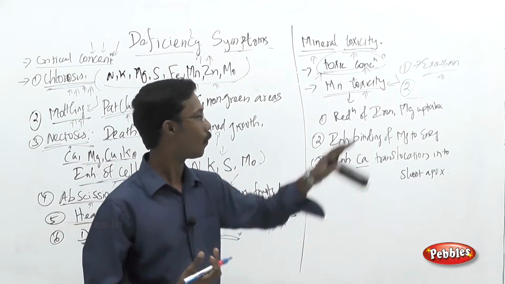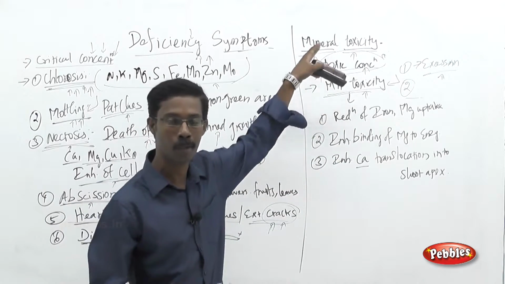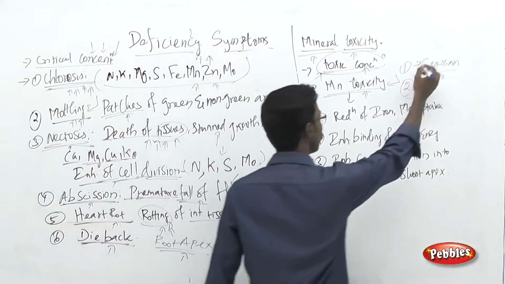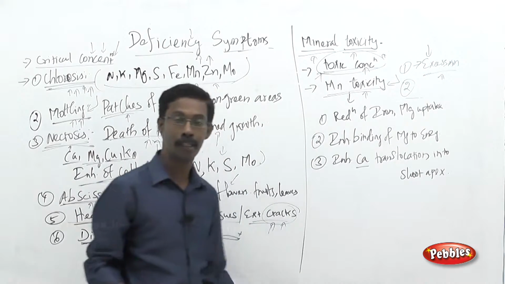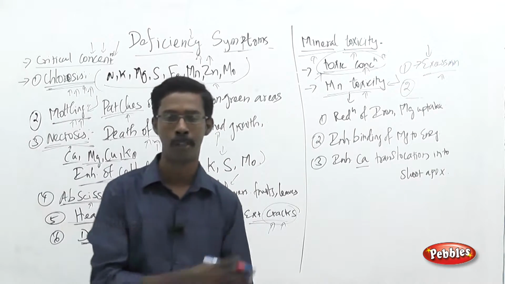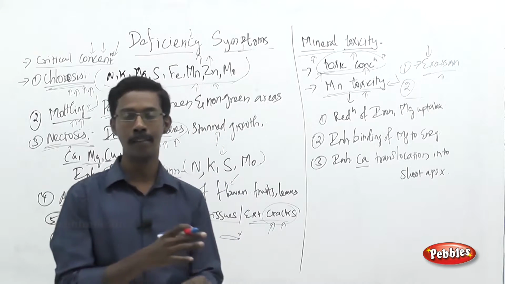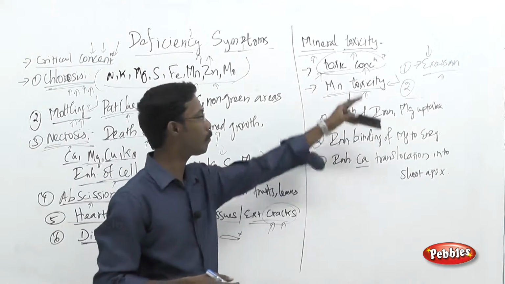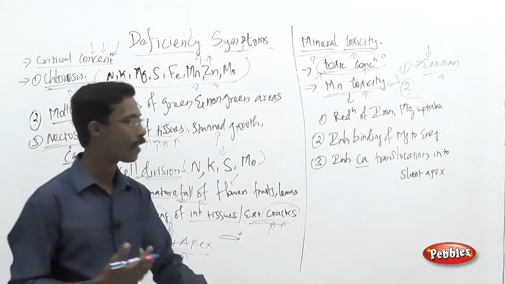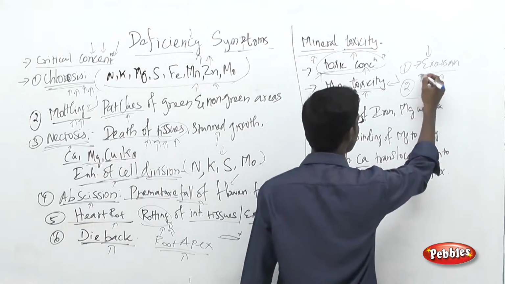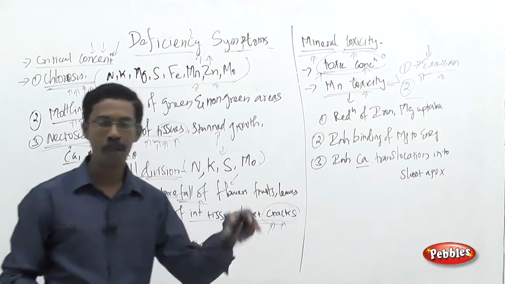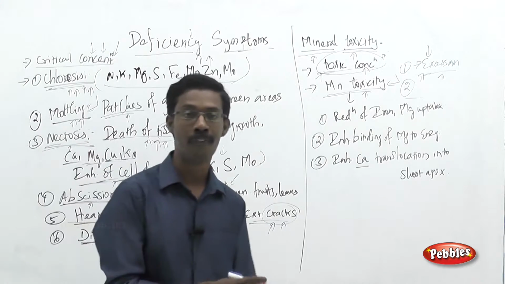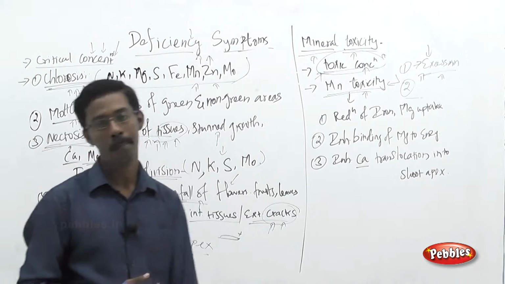There are two reasons. The first is the presence of the excess mineral itself, which interferes with metabolism and shows toxicity symptoms in the plant. The second reason is that the excess mineral interferes with other minerals, so that it affects the plant's normal metabolism.